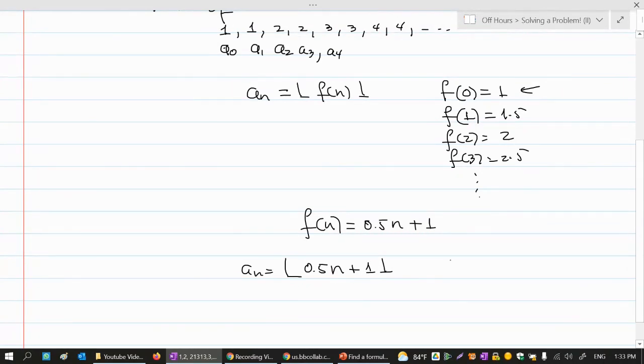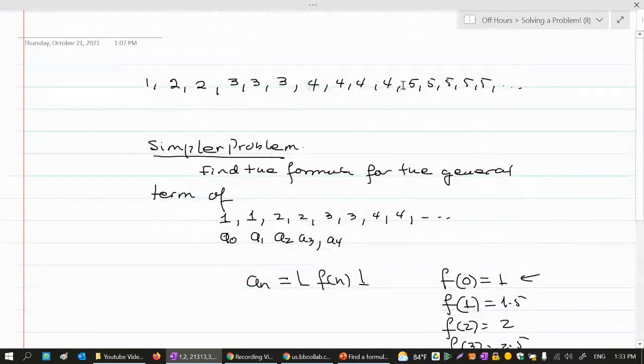Now, let's try to get even more information, because we can use this idea with the problem that we are trying to solve. Notice that the fundamental difference between this problem and the one that we already solved is that there the number of ones, twos, and threes is the same, but here the number of each value is increasing.